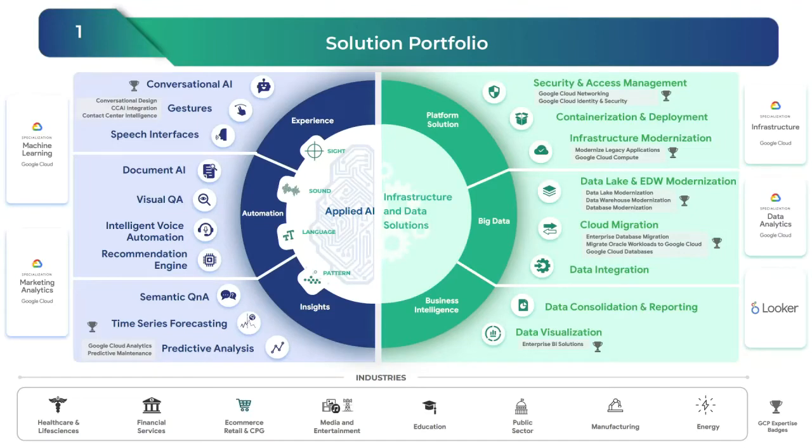What we really focus on in these two pillars is to enable businesses to harness the power of platform, big data, and business intelligence to prepare their data for high-value business use cases, and then being able to push those high-value business use cases and provide the impact of machine learning to generate insights, automation, and experiences, which will help them gather quality data, which can then be pumped back into the infrastructure layer so that the apps can grow and scale to provide more value.